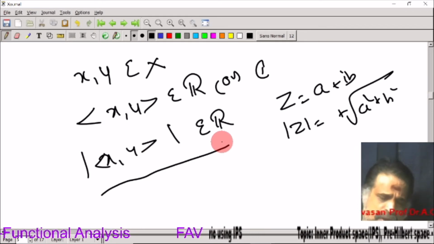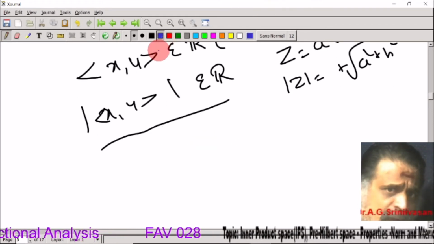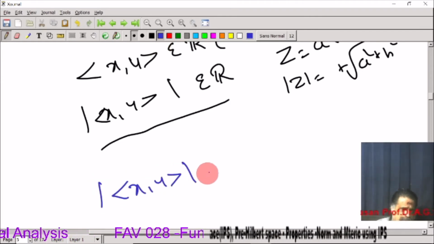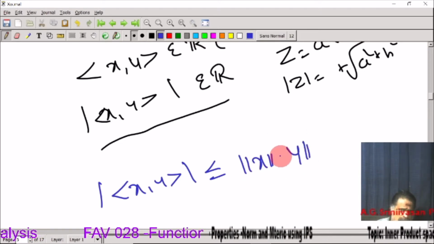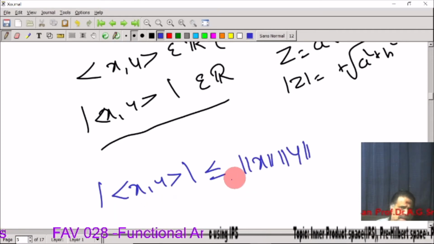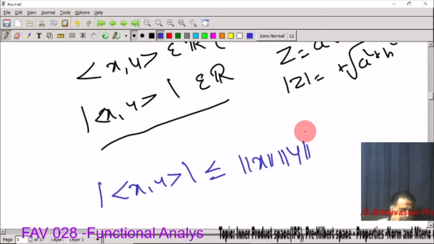That's the first point. Therefore, it is meaningful to define modulus of the inner product xy is less than or equal to the product of norm x into norm y, because this is a real number less than or equal to norm x and norm y. Because you know that two complex numbers you cannot compare.